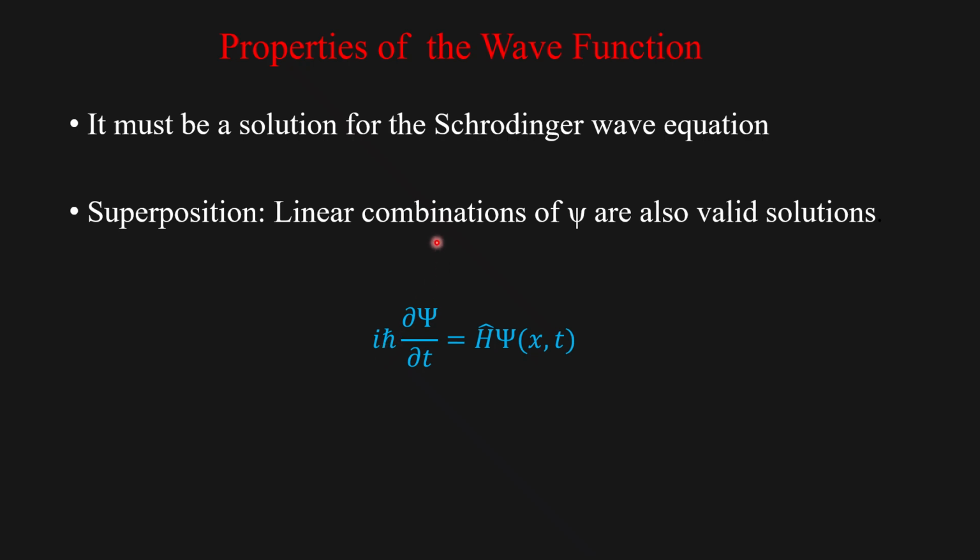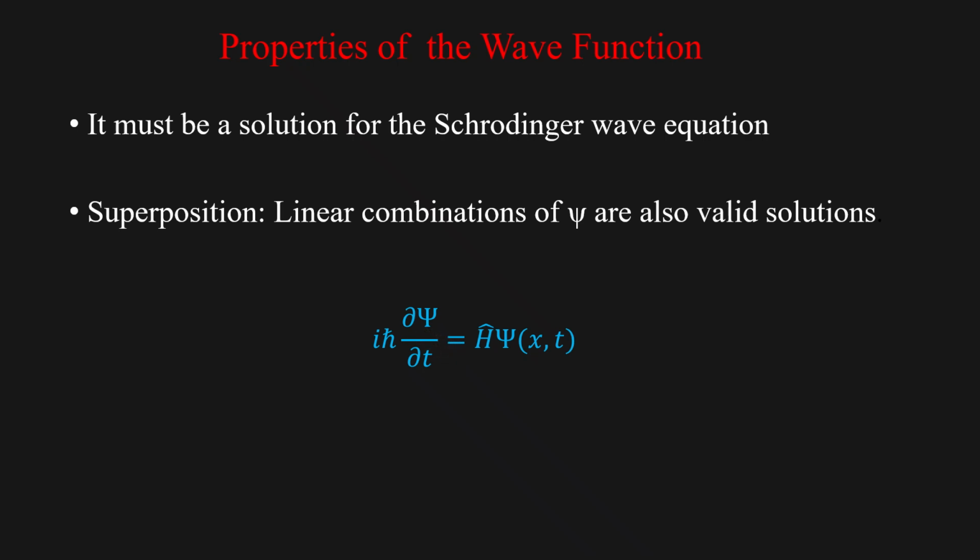Then why are we calling this a linear combination? The time dependent Schrödinger equation is i h cross del psi over del t, which is equal to H psi of x and t. Here you can see psi is linear. It's not psi squared, non-linear. There is no non-linearity.